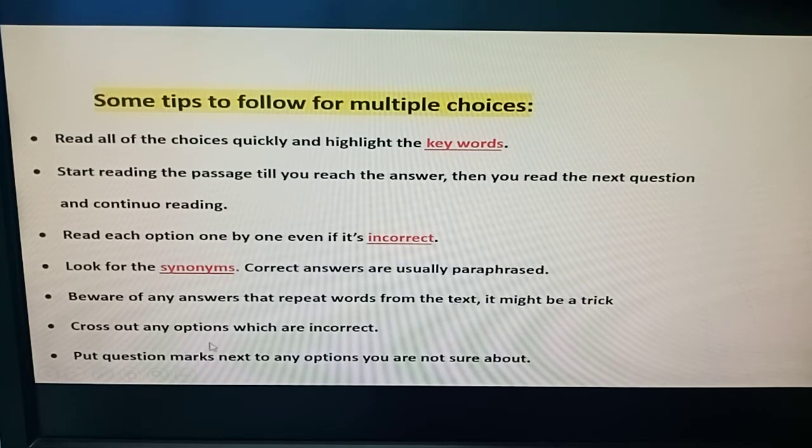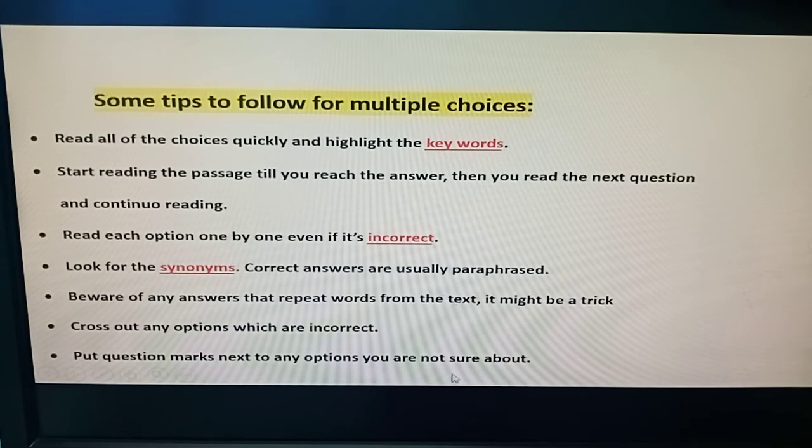Cross out any options which are incorrect. For example, when you come across all the options and you find this one is correct and this one is incorrect, cross out the incorrect one so as not to be confused. Then put question marks next to any options you are not sure about.